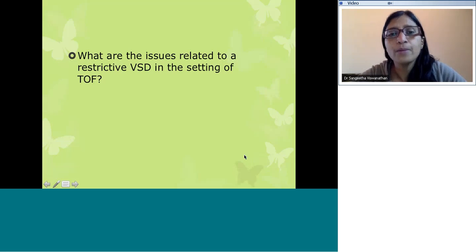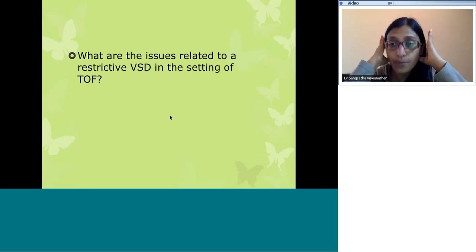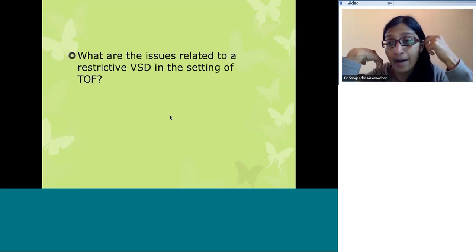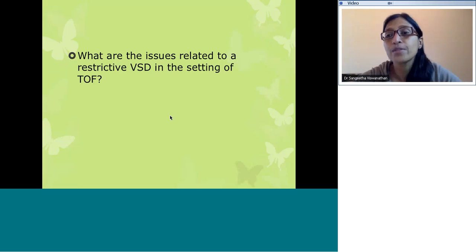So what are the problems with the restrictive VSD in the setting of a TOF? What happens to these patients? One of the reasons patients with unrepaired tetralogy of Fallot get into trouble, right? Yeah. So they get RV failure because there is severe RVOT obstruction and there is also no release of the pressure through the VSD. They may not be particularly cyanotic.